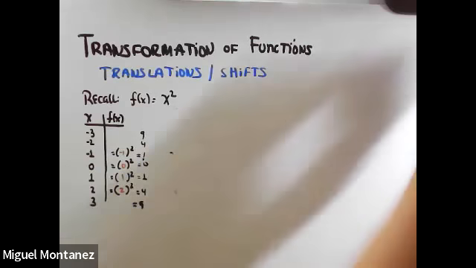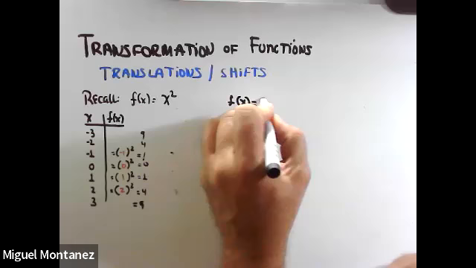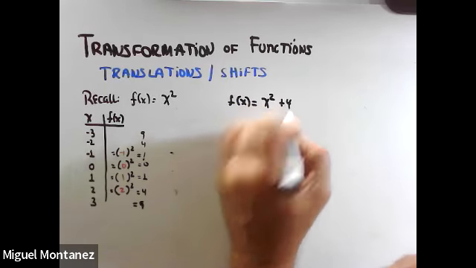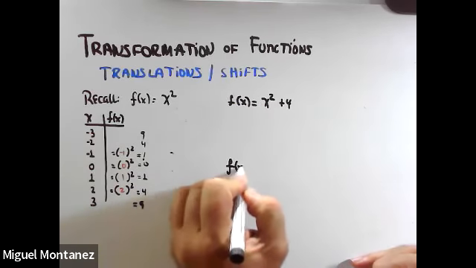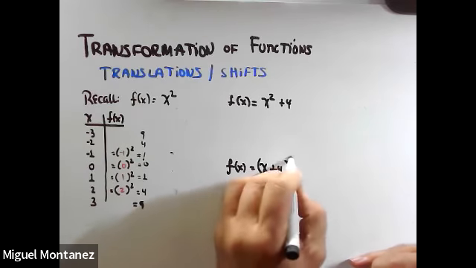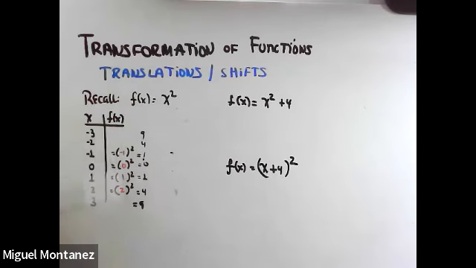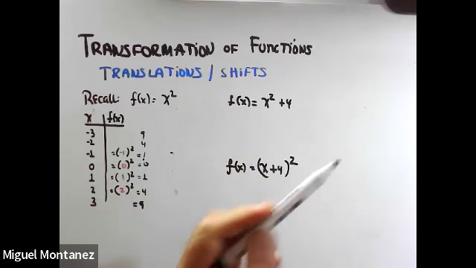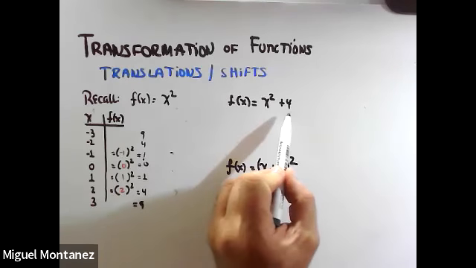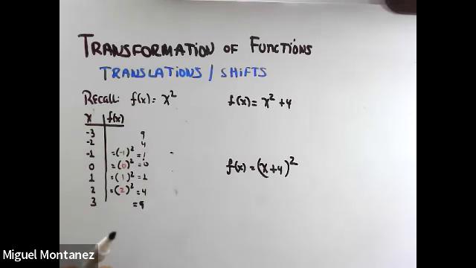If I have f of x equals x squared plus 4 versus f of x equals x plus 4 squared. Notice that, of course, f of x is your output, the x is your input, the domain, your range. So when I'm adding 4, I need to ask myself, am I adding 4 before or after I square?